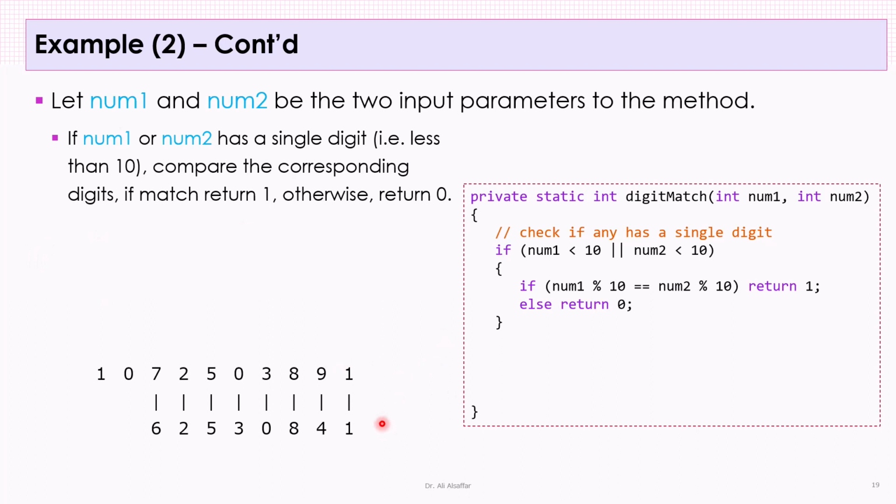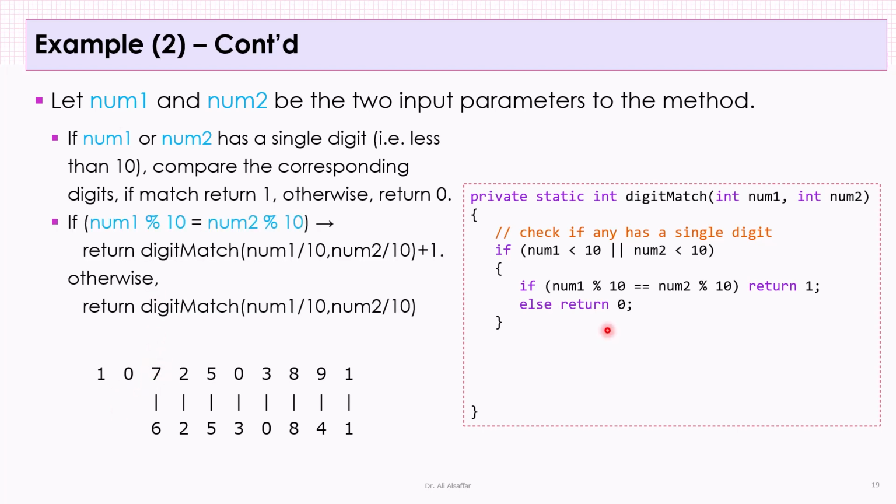So after removing the rightmost digits in every call, the first number will be equal to 107 and the second number will be equal to 6, which is a single digit. So when the method compares the rightmost digits for these two numbers, it will find that there is no match because 7 is not equal to 6, and therefore it is going to return 0.